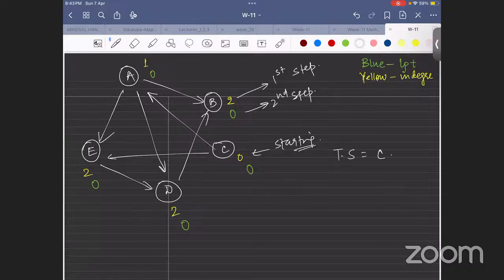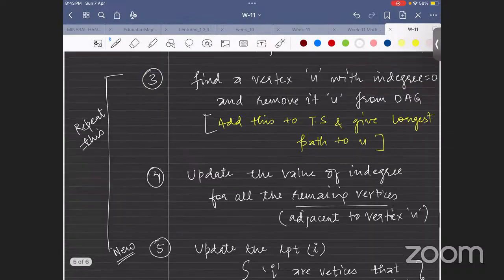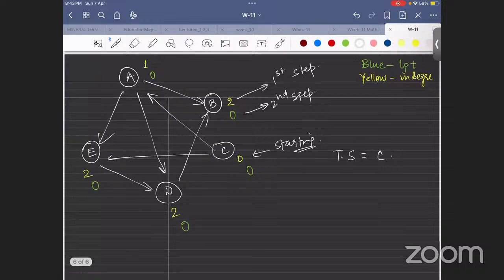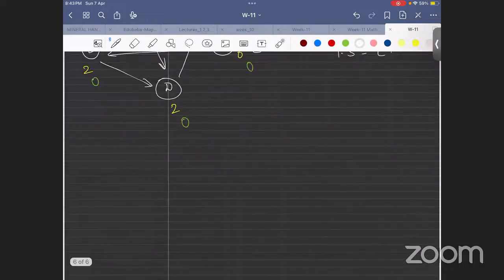Now the fourth step: after finding the U, you have to update the value of the in degree for all the remaining vertices. Let's see.